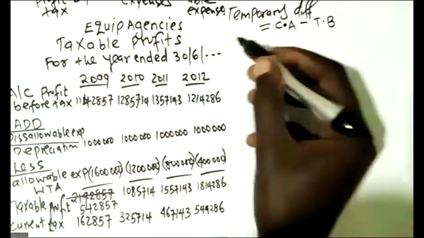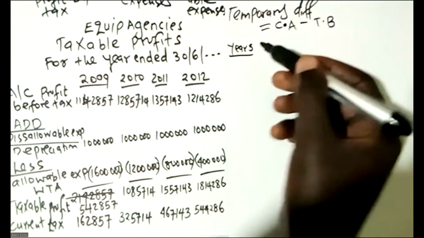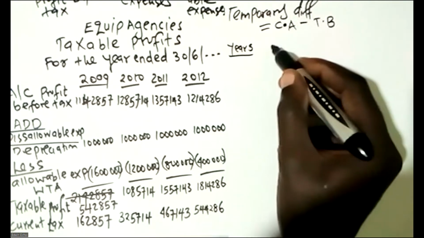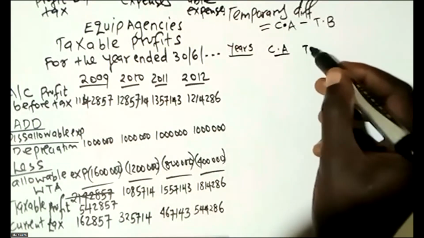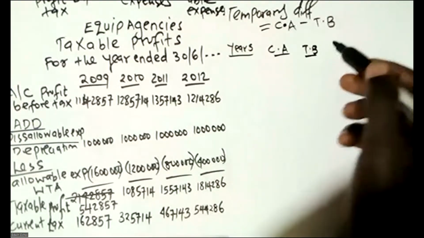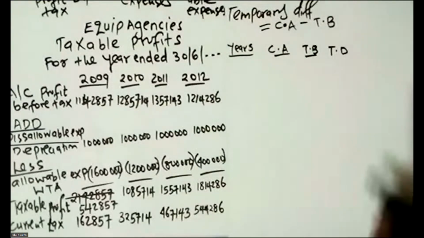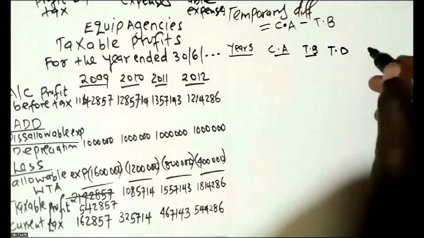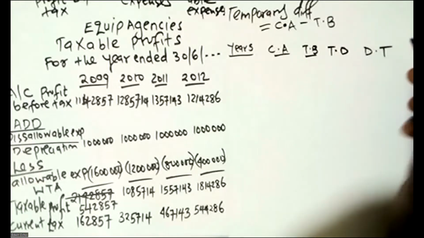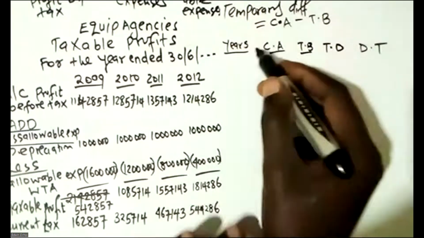So remember that we have 4 years. So I write years. If we take the carrying amount and minus the tax base, I will be able to get the temporary difference. If I take the temporary difference and multiply with the tax rate, I will be able to get the deferred tax.